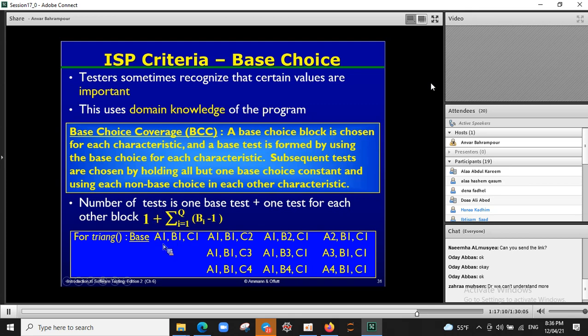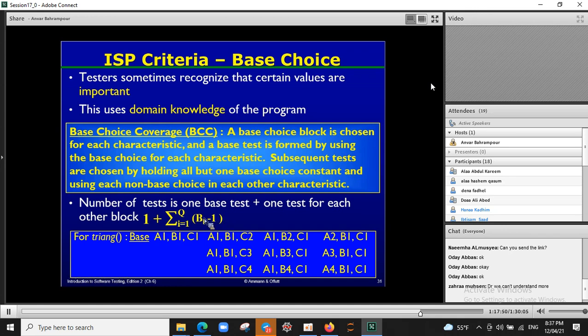So the number of tests is 1 for our base test plus the sum of all other choices for our characteristics. We have Q characteristics. In this case we have 3 characteristics, and each characteristic i has Bi blocks.